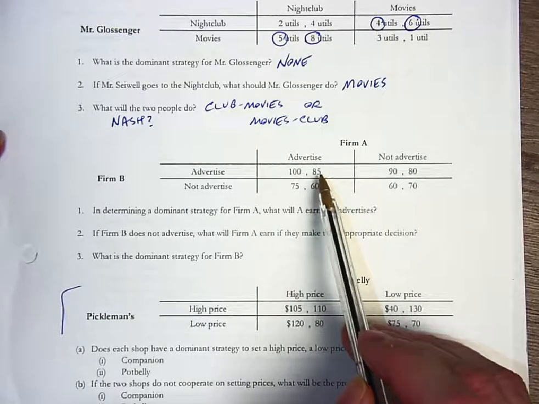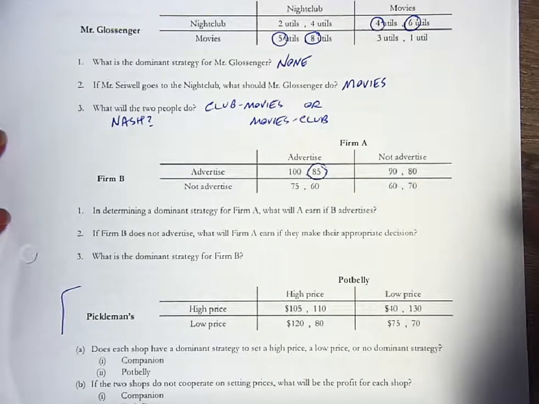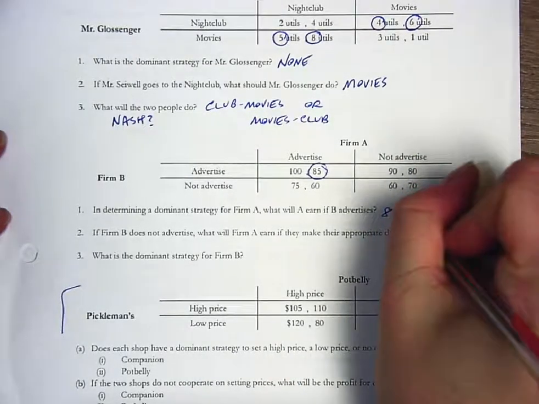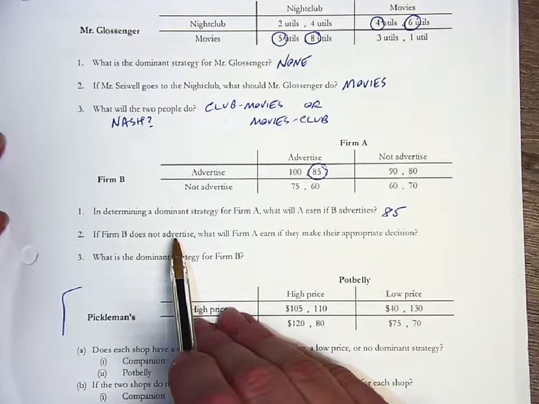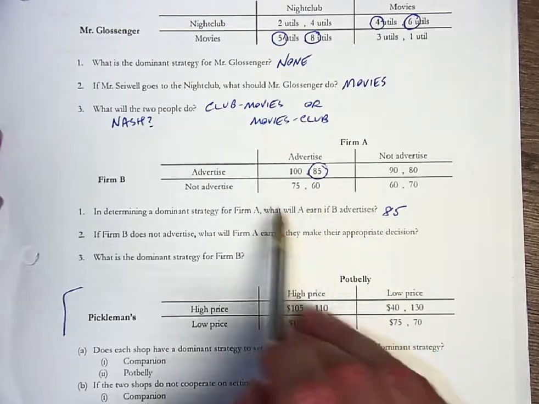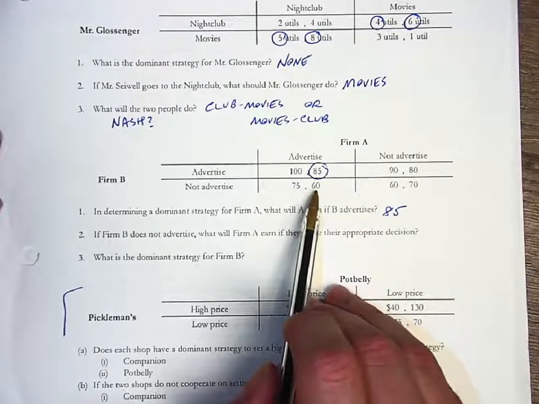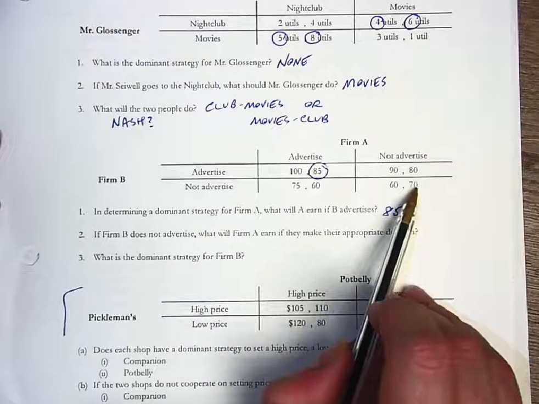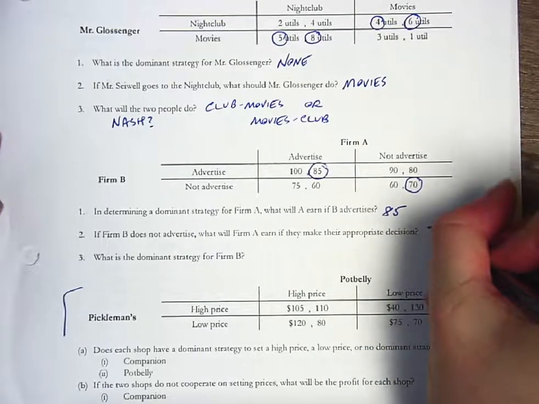Now, what's A going to do? A is going to advertise and earn 85. If firm B chooses not to advertise, what will firm A earn if they make the appropriate decision? So if B goes in this row, A can get 60 or 70. They would choose 70. So they would earn 70.